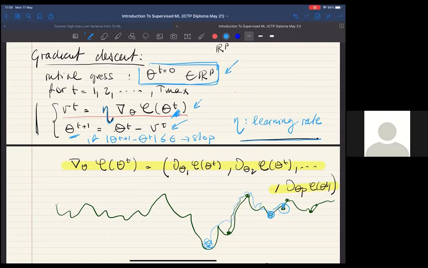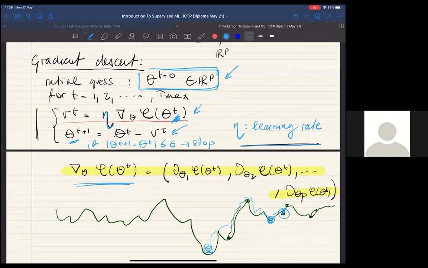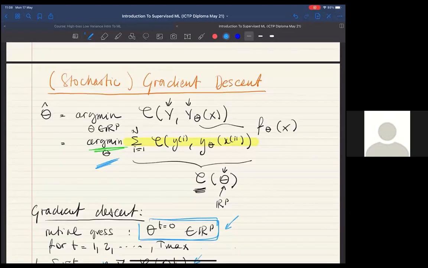Furthermore, it is actually very costly to compute this kind of gradient. Because this cost function, again, is a sum over all samples in the training data. And typically you have maybe thousands or millions of training samples.